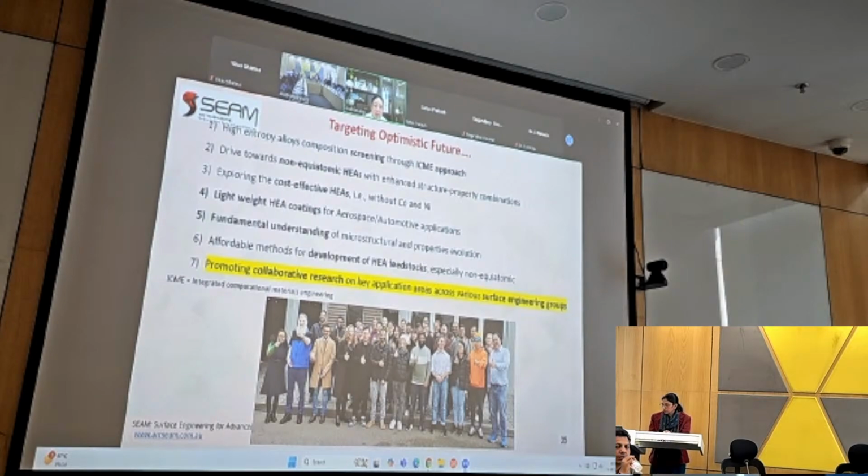So we believe that we can't do this alone. As you can see, we collaborate with a variety of partners, including IIT Bombay and also IIT Madras and IIT Hyderabad. We collaborate a lot with them. We also love to collaborate with others in India. We believe that there are many ways of creating HEA.